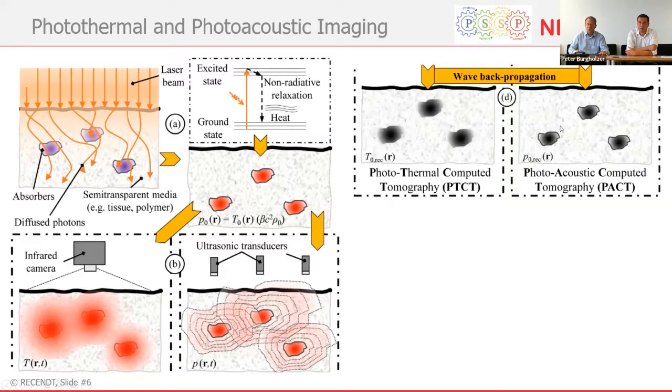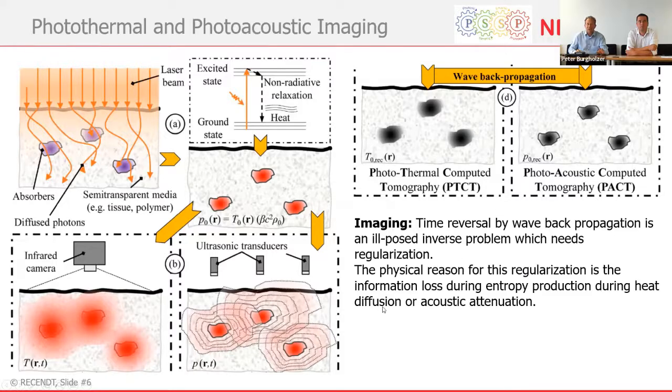Both technologies can be used. The first one is called photothermal computed tomography, and the second one is photoacoustic tomography, where both can be used to detect what is inside.